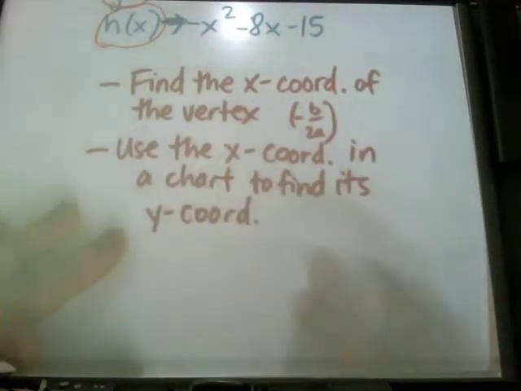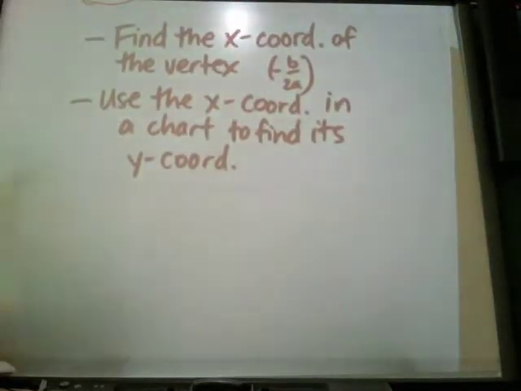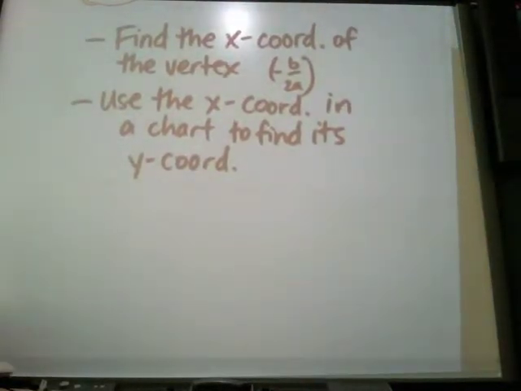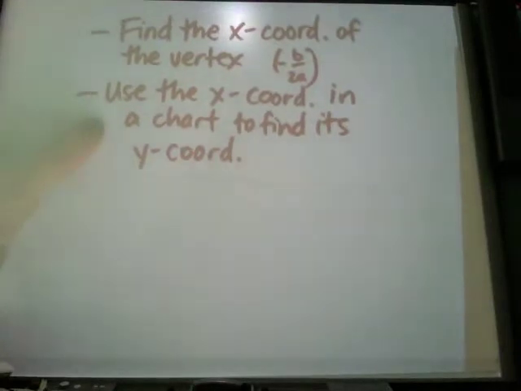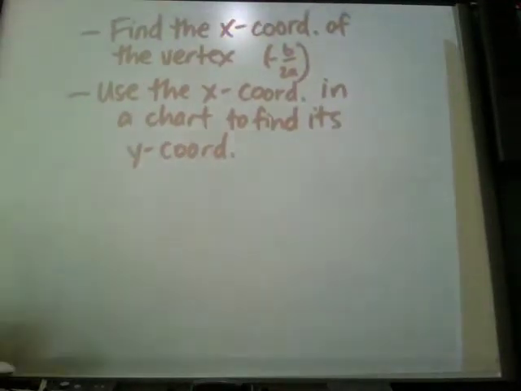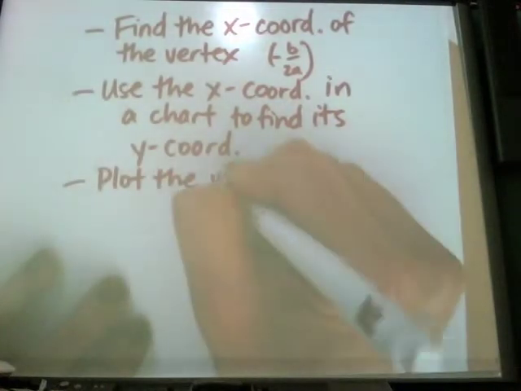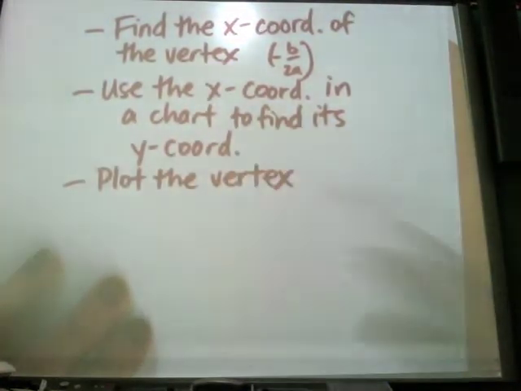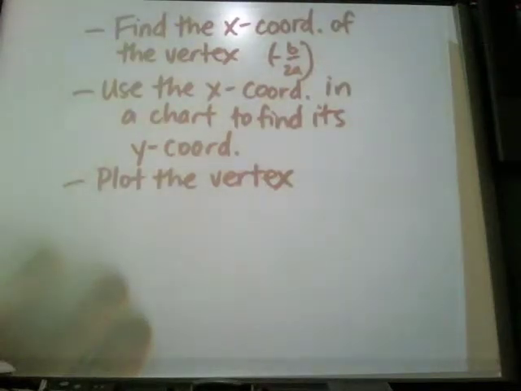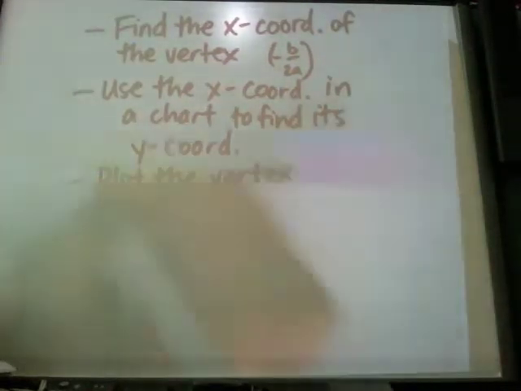And again, I'm just abbreviating coordinate. I think you guys will remember what that means, I hope. So your first step is to use that little formula to find the x coordinate. Then you set up your chart. You plug in that x coordinate in the chart to find its y coordinate. And then you plot the vertex. That gives you the vertex, either the greatest, the upper one, or the lower, depending on the way the U is facing. Plot the vertex.